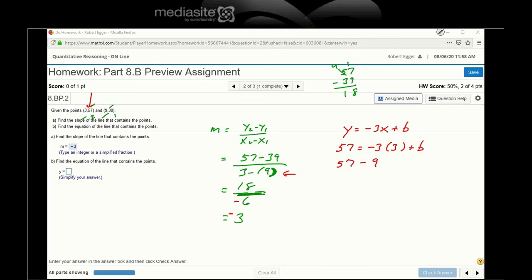And minus 3 times 3 is minus 9. Add 9 to both sides. So 63 equals b. That's not right. 57 plus 9 is 16, carry the 1, 66. So I think y is minus 3x plus 66.